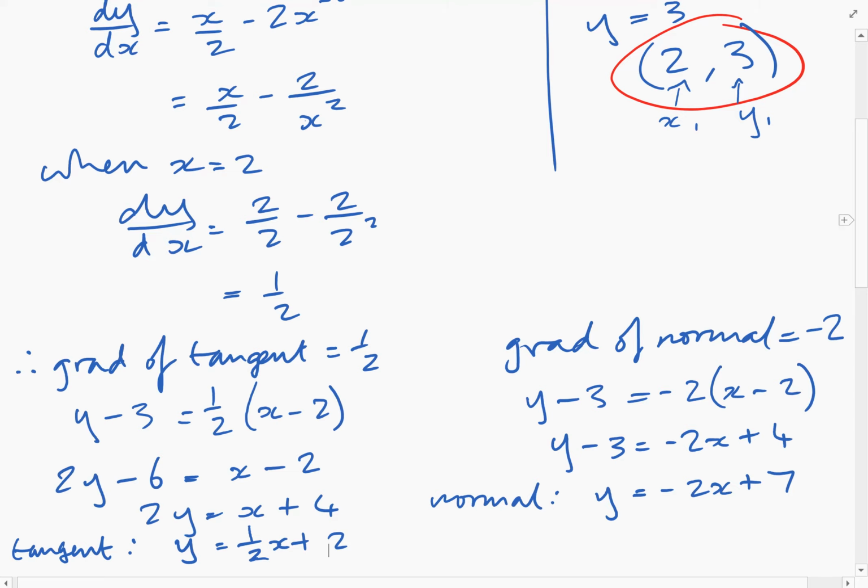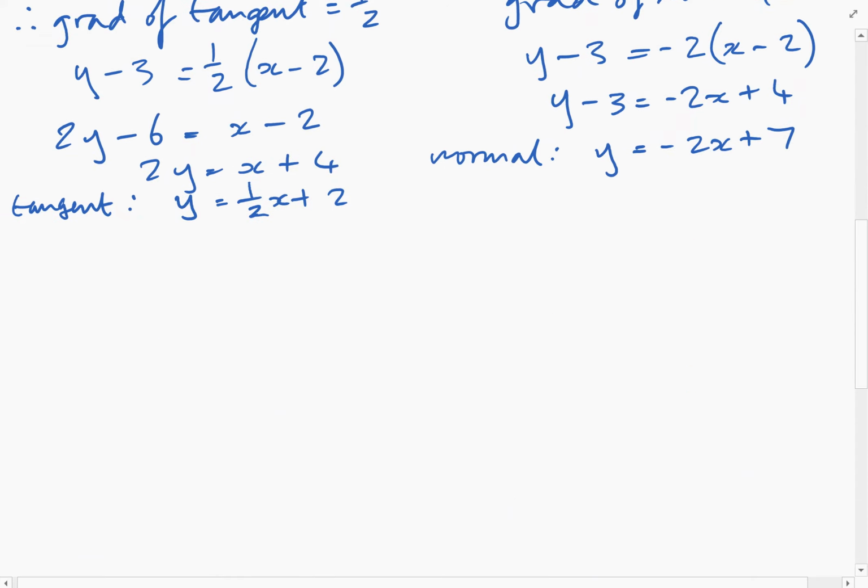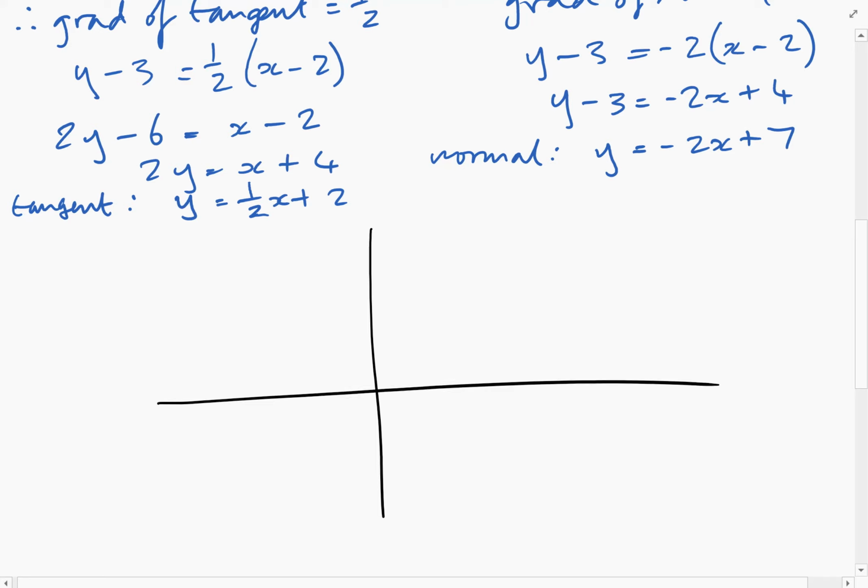And I've forgotten what the question actually says now. Right, so we've got to calculate the area bounded by the tangent, the normal, and the x-axis. So I think we are going to need a sketch now. So this is the x-axis.